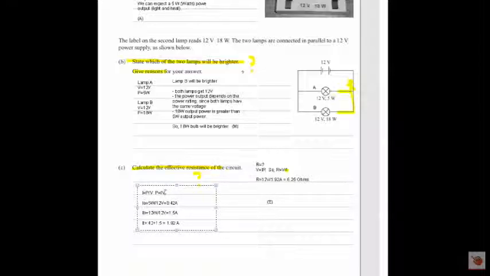So really the key is to have the courage to use P equals IV, utilize those power and voltage values, solve for each individual current, use the knowledge that the current adds up together, and thus you have your total global current there. And the last step would be to employ this equation to answer the question, and that's worth excellence.